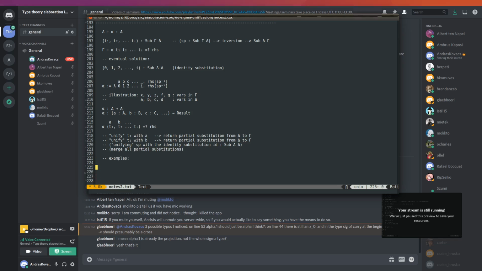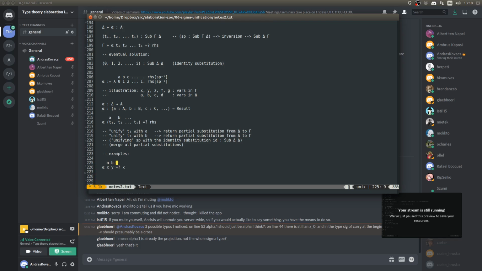Okay, so let's do a quick example. If I have alpha x y equals x, then here what happens is that I have A B, so I know that the solution to alpha will look like lambda A B dot something.